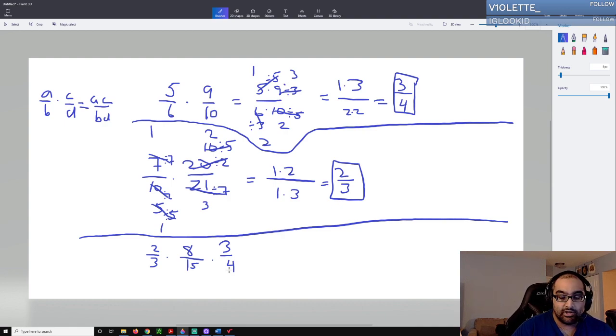And again, we just want to find a common factor between both of them. So one number on the top, one number on the bottom. What two numbers do we have in common here?